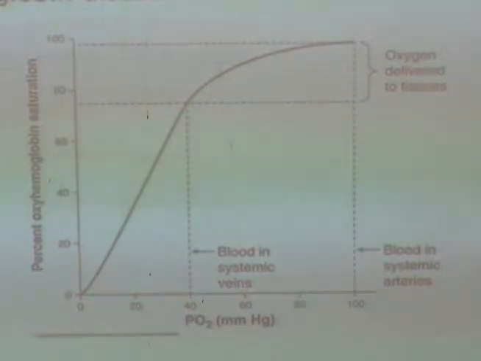An increase in temperature increases the ability to deliver oxygen to the cell. The technical term is that it decreases the affinity of hemoglobin for oxygen. But decreasing the affinity means I'm increasing the delivery.